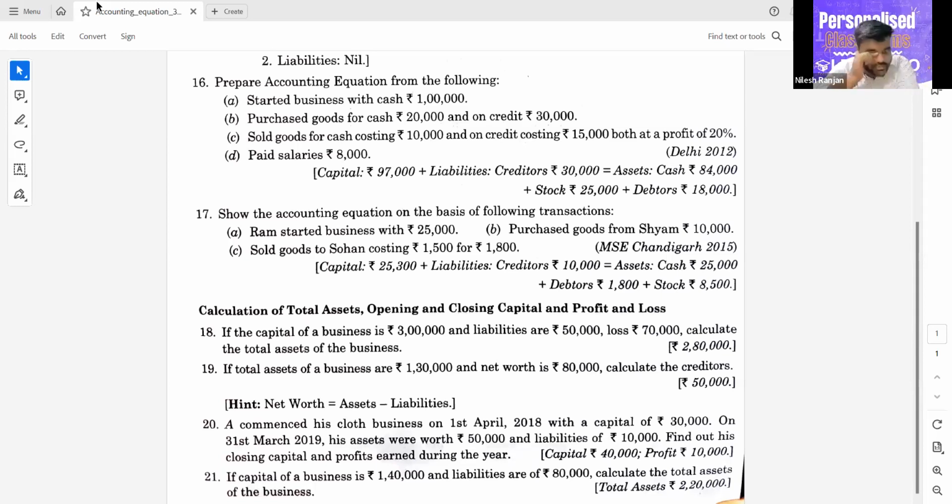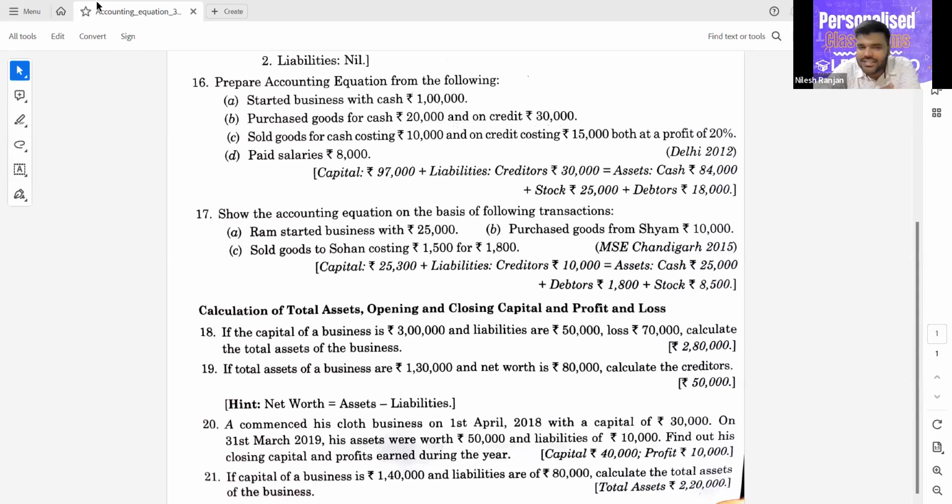What is the procedure you have followed for getting this answer? Assets is equal to liabilities plus capital. I added capital and liabilities and I got 40,000, which is capital.